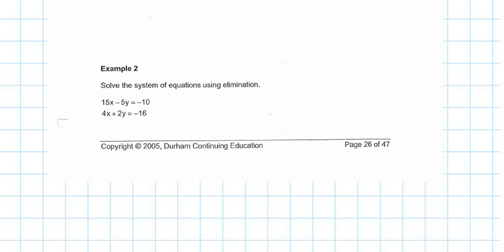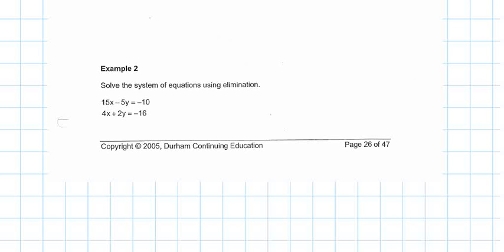In the case that we see right now, 15x minus 5y equals negative 10, and 4x plus 2y equals negative 16, we don't have any letters that have the same coefficient, right? If you look at the x, the coefficient is 15 and 4 in the second equation.